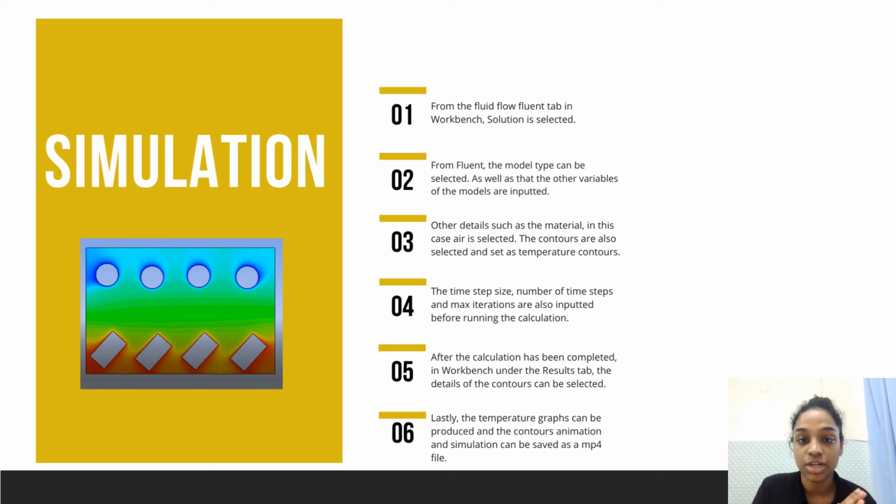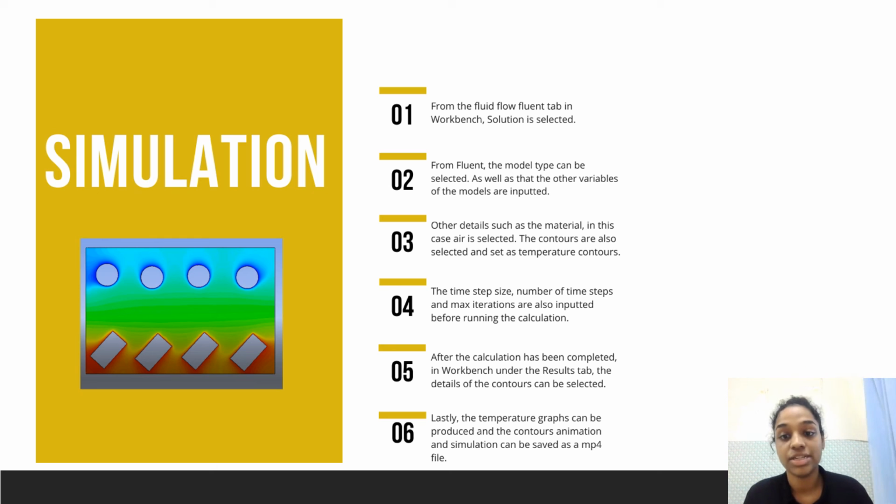The contours are selected and set as temperature contours because we want to identify the temperature contours. And then next, the time step size, the number of time steps, the max iterations, as well as other different parameters can be inputted, and then the calculation can be run.